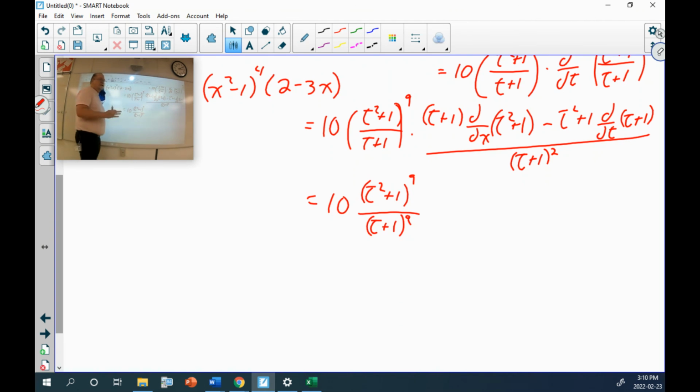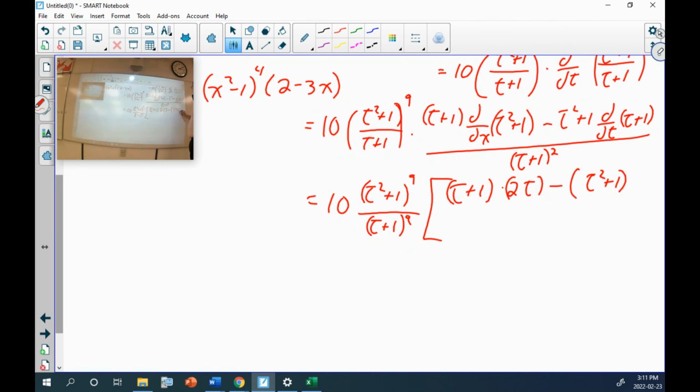Now I know where I'm going with this, so that's why I have applied the 9 to both my numerator and my denominator. Our function, t plus 1 times 2t minus t squared plus 1 times 1.